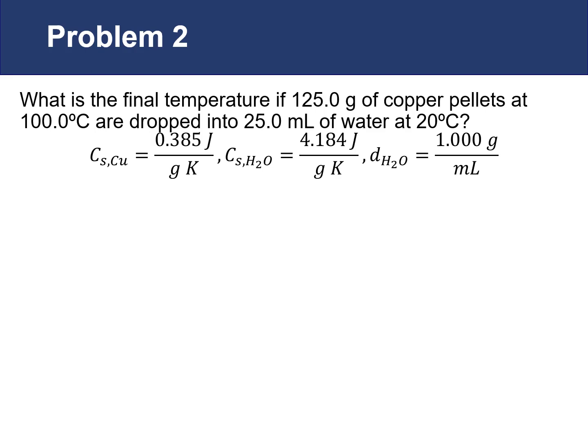So we are essentially looking at, we have a container, has some water in it, and we have a big bunch of copper that's at 100 degrees Celsius. We're dropping it in, and this is 25.0 milliliters, and it's at 20 degrees Celsius.